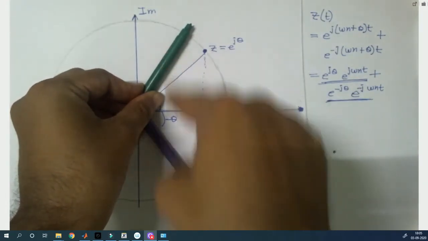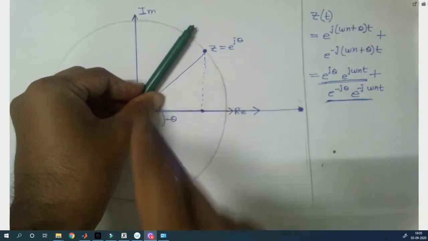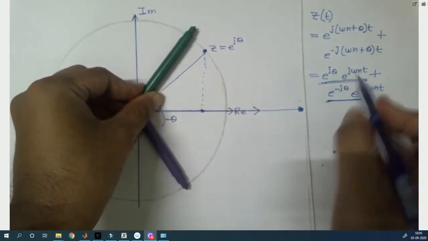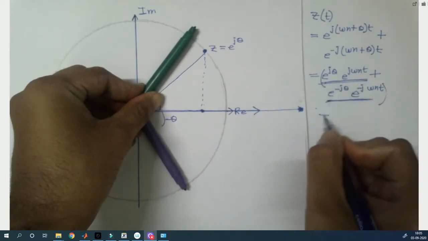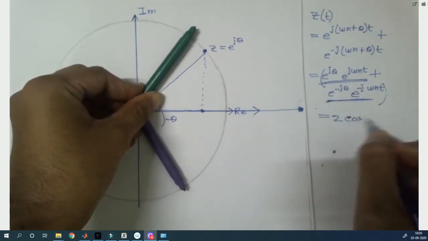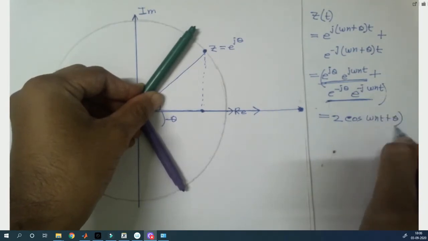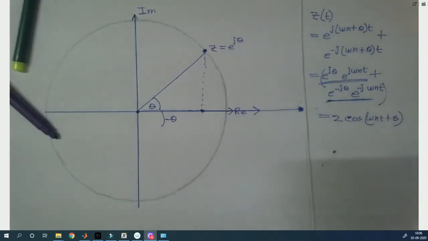So if you add these two numbers, you will get a real number. That is anyway evident because this is equal to twice cosine omega nt plus theta, which is a real function of time.